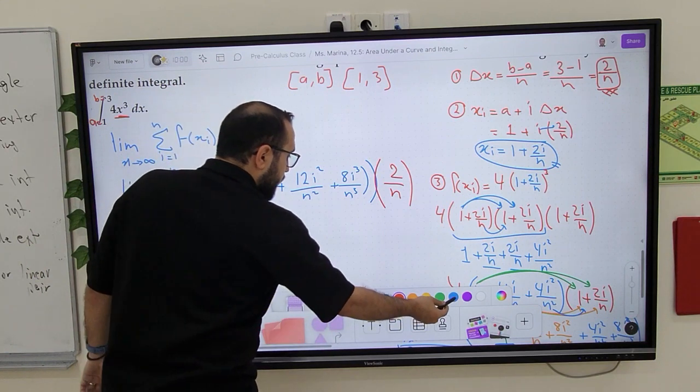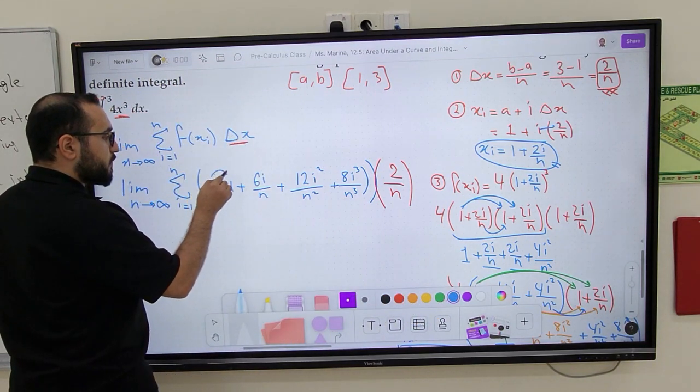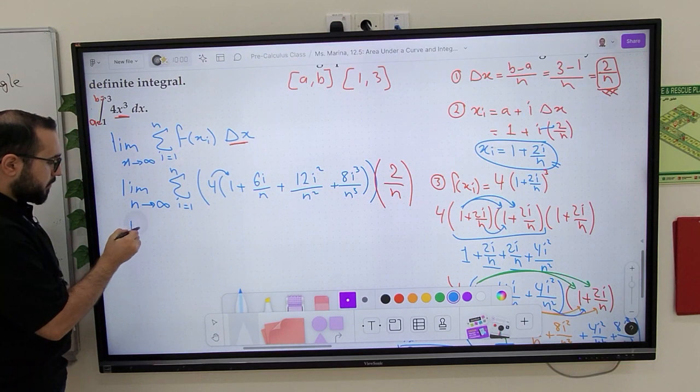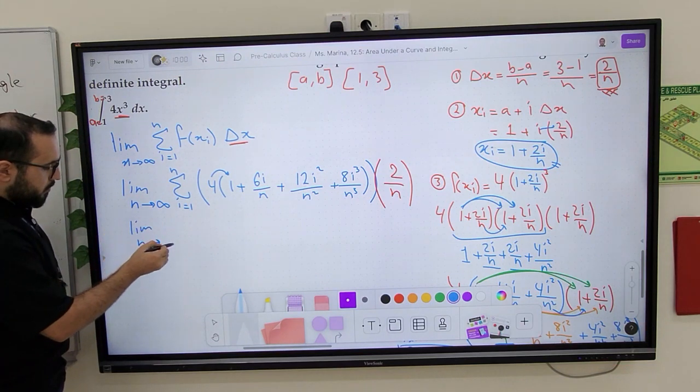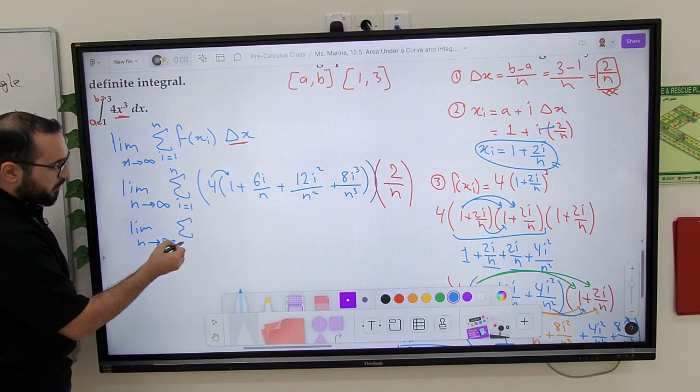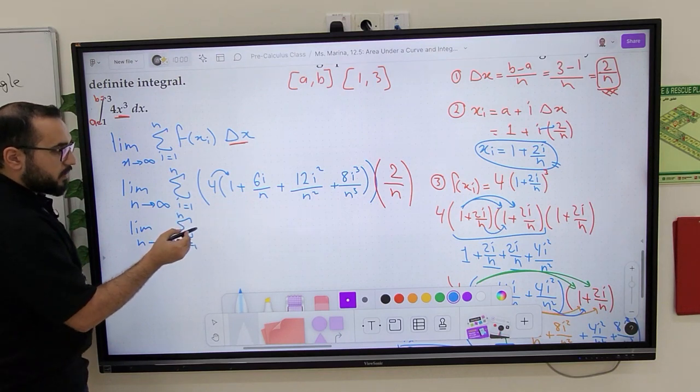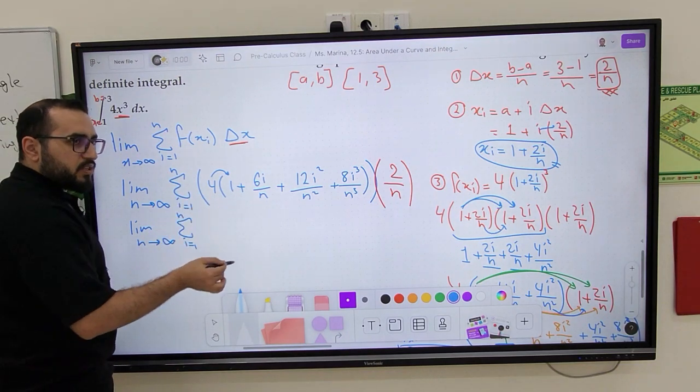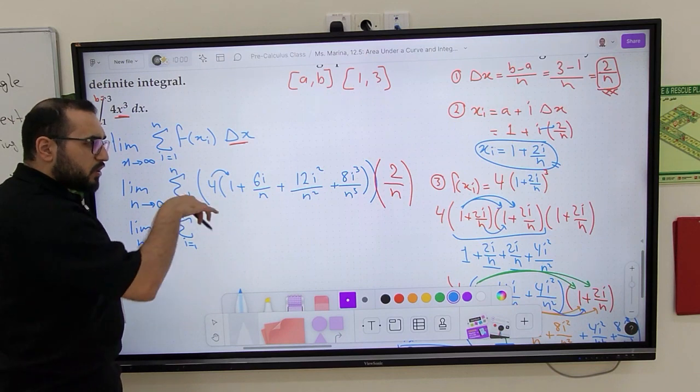Okay, now let's distribute 4 to everyone. Limit, i equals 1, because I don't want the student to be confused, wondering why the teacher didn't distribute 4. So I will distribute it.